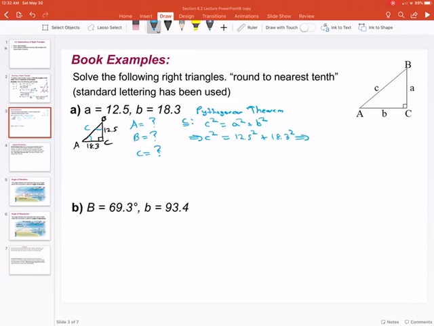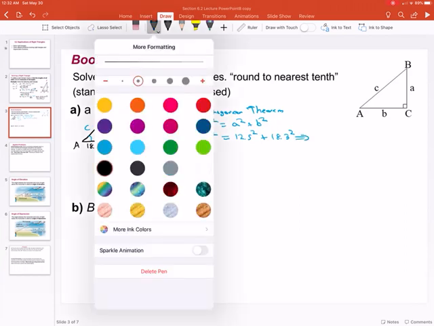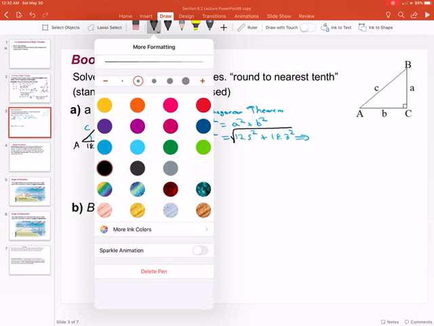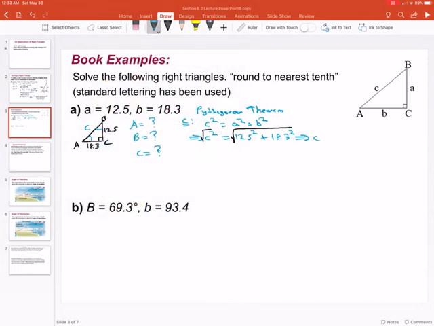And we solve that. We would need to take the square root of both sides to get C. So we got C squared, and we need to apply the principal root. With that, we get C equal to the square root of 12.5 squared plus 18.3 squared. Let's put that into our calculator.